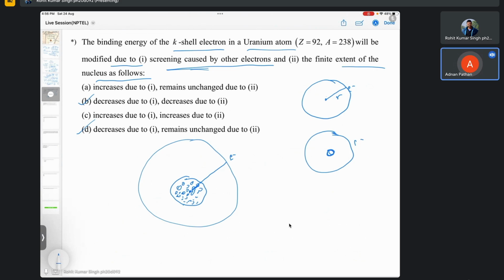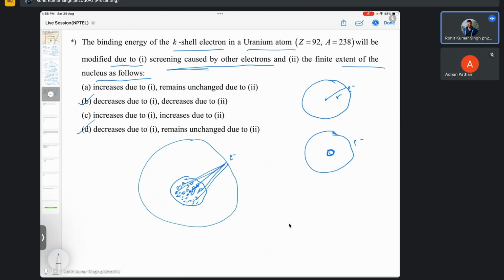Yes, sir, but for a nucleus we'll assume the distribution of protons within the sphere is uniform. Yeah, it is uniform. So we can treat the nucleus as a point. But the distance from each proton to the electron will be different now, right? Yes, sir, but we can just add up the individual effects of each proton on that single electron, club them together, and treat it as a point particle.